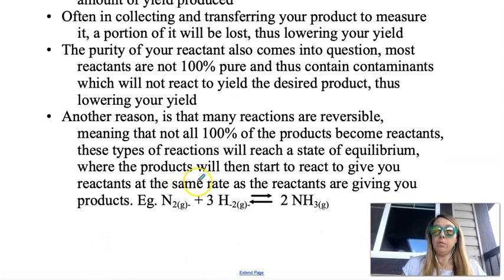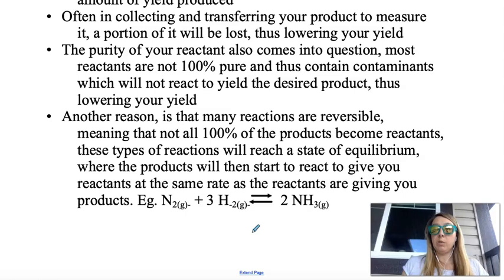Okay, and another reason, which is actually a really major thing, makes up 2 units in Chemistry 30, is that not all reactions go to completion, right? Think about in the last unit. Sometimes we use single-headed arrows and sometimes we use double-headed arrows. In many reactions, we find that when the reactants react to produce products, those products, to an extent, react back to give us those reactants. And so then we don't have that 100% conversion, which, when we do stoich, we assume all reactants turn into products.